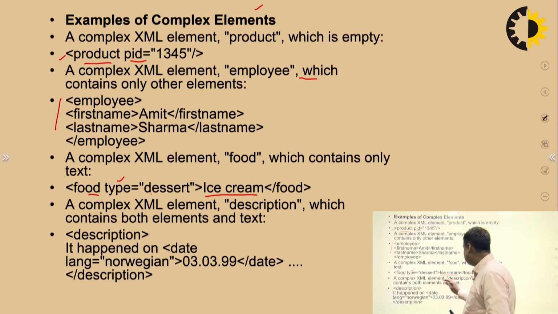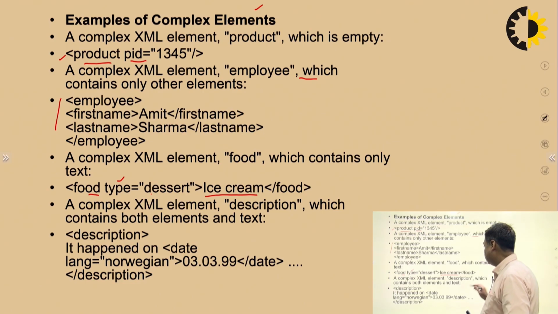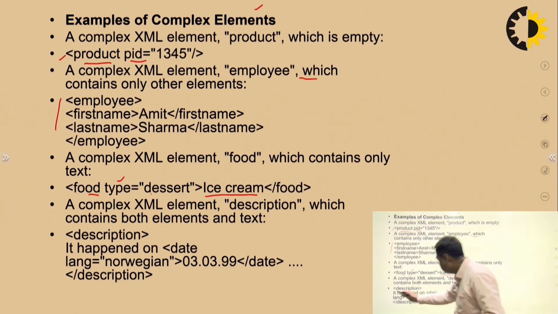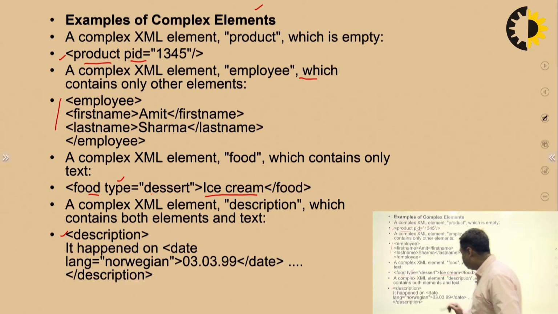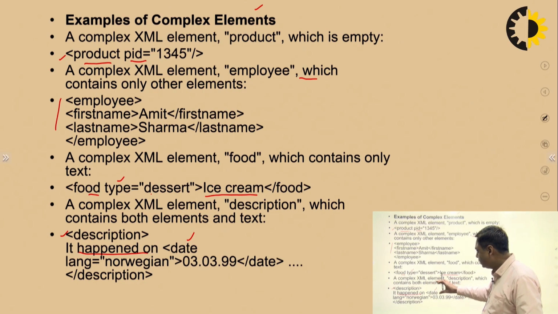Now, the complex XML element description contains both elements and text. So, description is the complex element. Why is it complex? Because it has some text as well as one element also. So, description is the complex element that consists of elements as well as text.